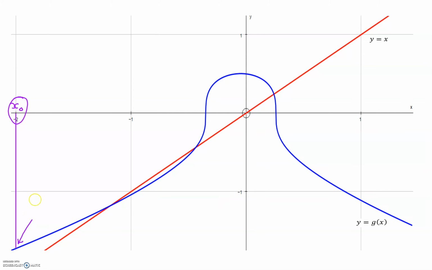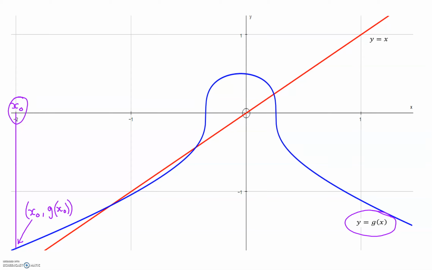The x coordinate is going to be x0, and the y coordinate, I'm now going to call it g of x0. It's still a y coordinate, but because I've now said that the graph here is y equals g of x, and g of x is our cube root of 1 minus x minus 11x squared all over 8, it's being a little bit more formal.